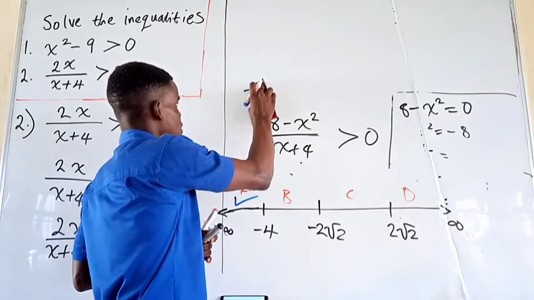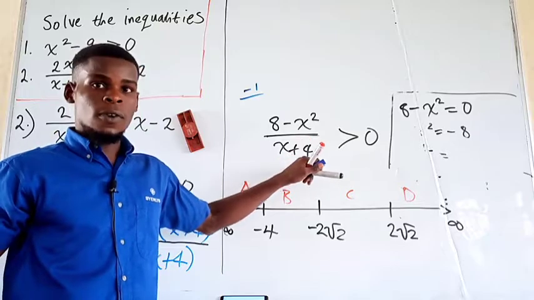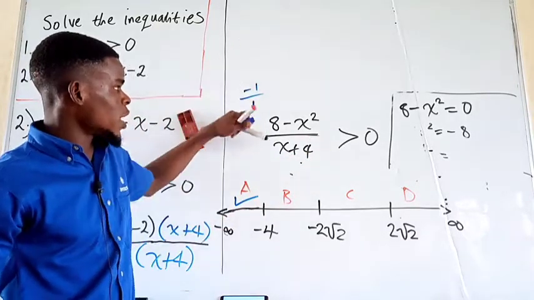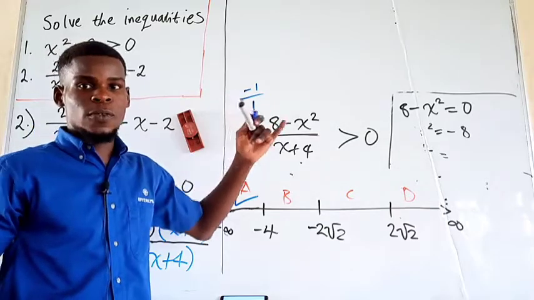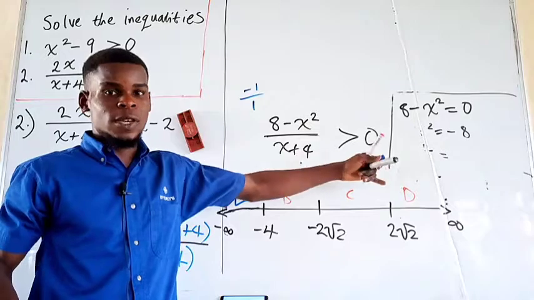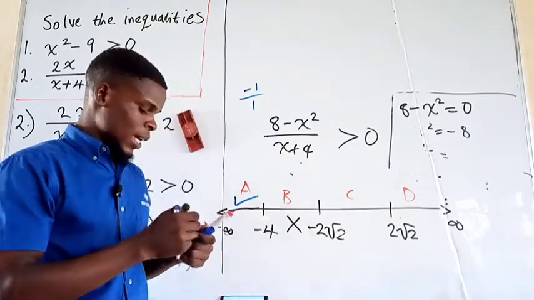On the bottom, -3 plus 4 is positive 1. So -1 divided by positive 1 is -1, and -1 is not greater than 0, rather it is less than 0. So this interval does not satisfy, and we mark X for that.